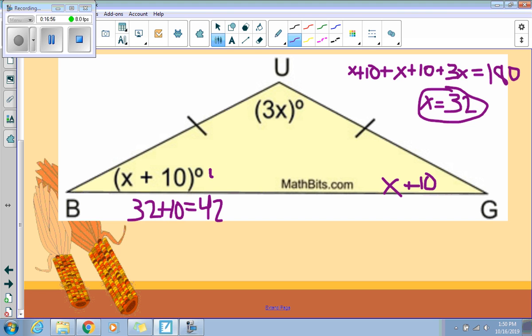So angle B is 42, and angle G is 42. 3 times 32 is going to give us 96 degrees for angle U. Okay? If you have any questions on this, please see me and ask them next class.